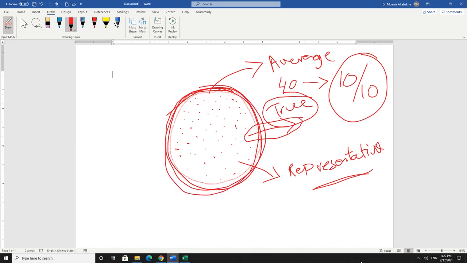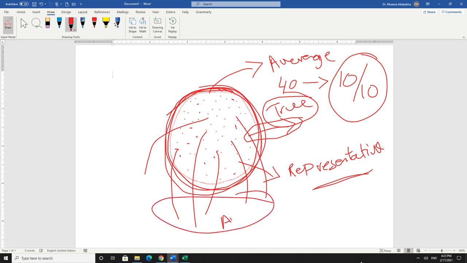If I want to have a representative sample, then randomly I should take some of you and take their average, and that average, if it is representative and big enough, should be close to the true average.